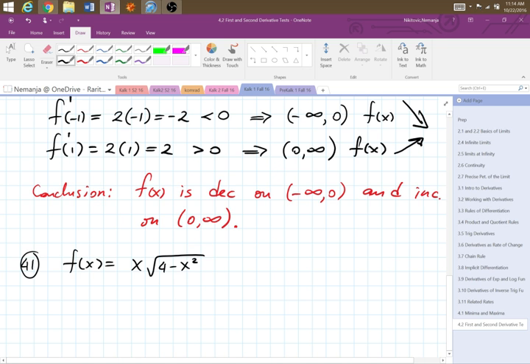And then figure out, how do you pronounce it? Negative x squared over the square root plus the square root.